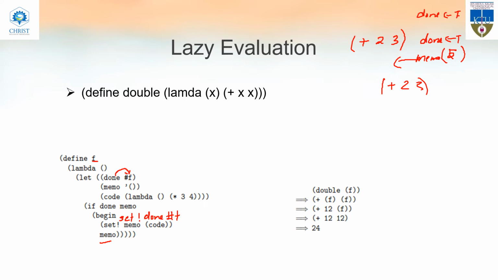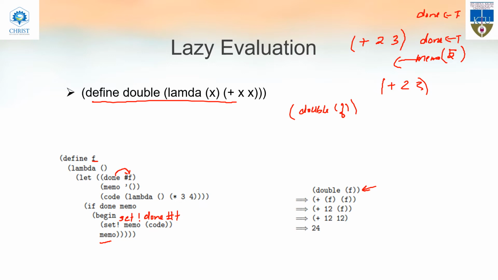So we'll use this function, that is define double lambda of x, plus x x. So this is a function, and if I am calling the function like double of f, what happens?